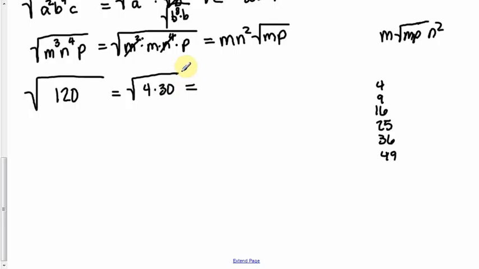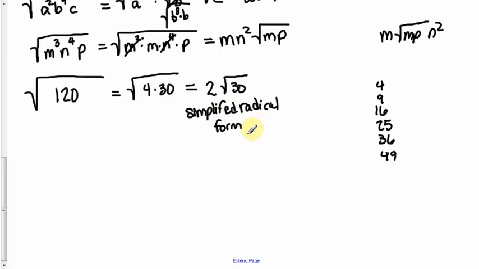Now, because these are numbers, I can just take the square root of 4. What is the square root of 4? 2. And then 30 just stays under your radical. This is called simplified radical form.